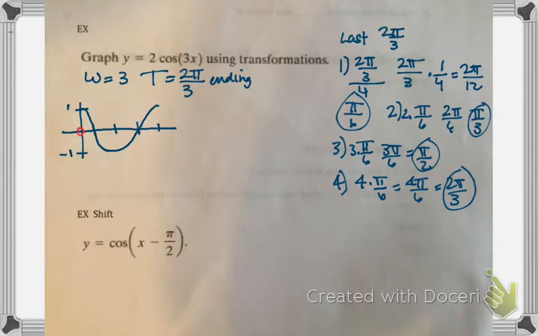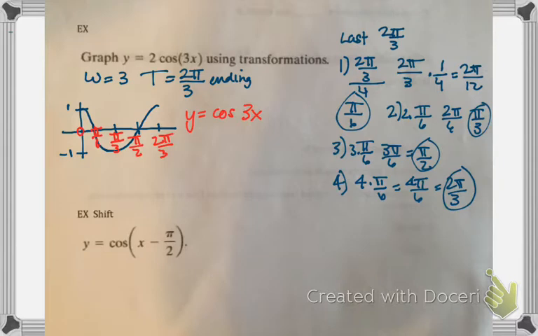So I have 0. First point we said was pi over 6. Second point was pi over 3. Third point was pi over 2. And my last point was 2 pi over 3. Okay, so I got that done. So I've taken care of omega. So this graph is y equals cosine 3x.